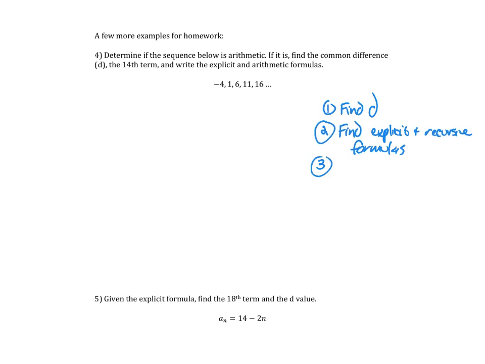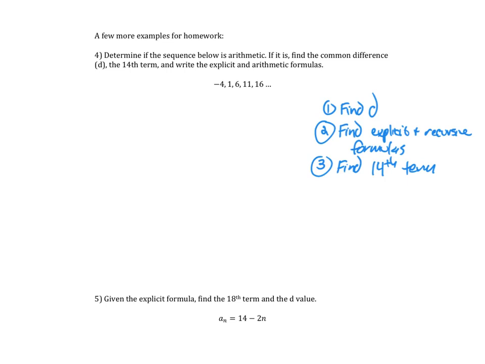And then the last step, find the 14th term. And use your formulas to find the 14th term. Don't count up, okay? You're going to be required to show me formulaically how you find a term using the formulas. 14 is not high enough, you could probably count it, but I want you to show me formulaically how you'd find the term using the explicit formula that you come up with in step 2. So that's the steps I would use in problem 4.